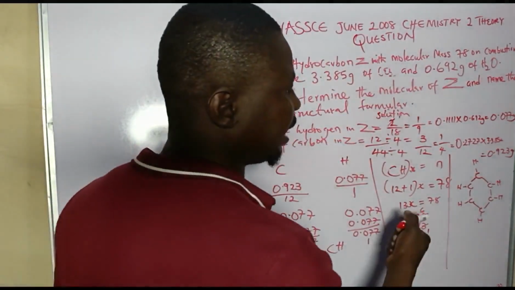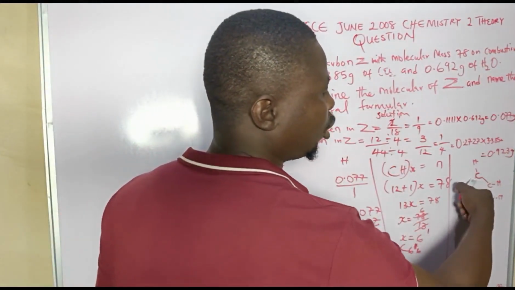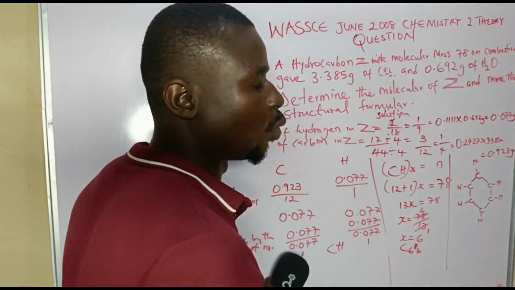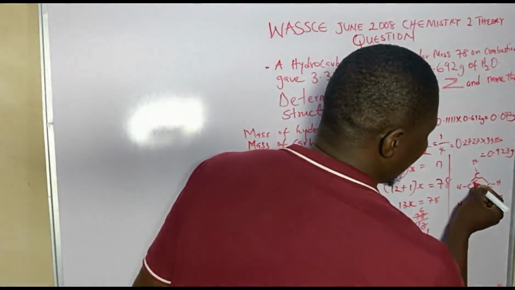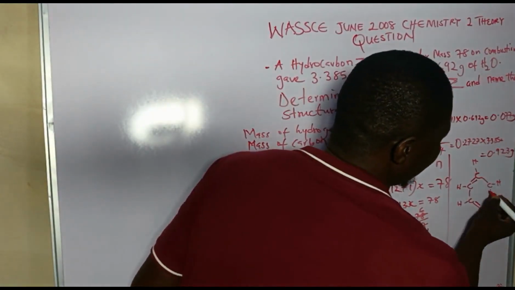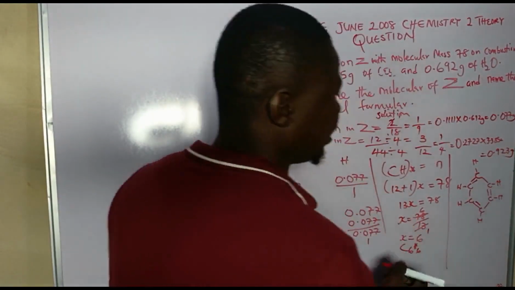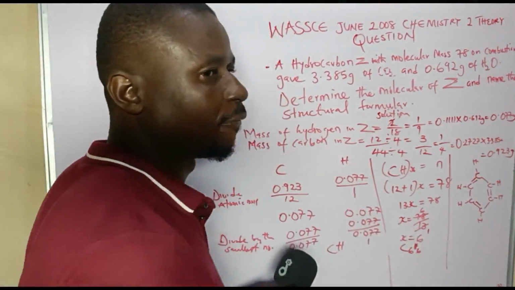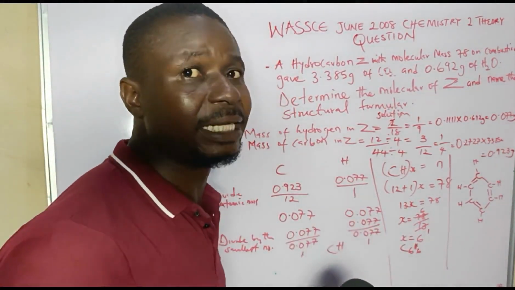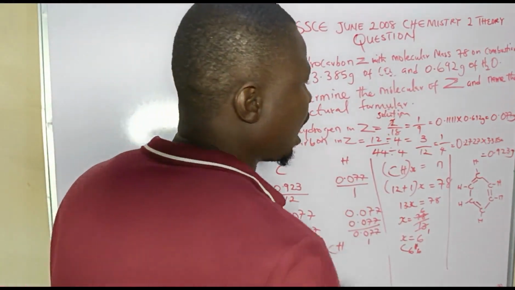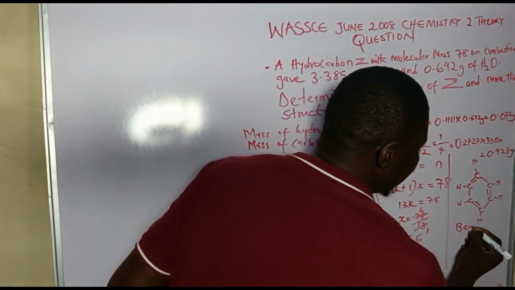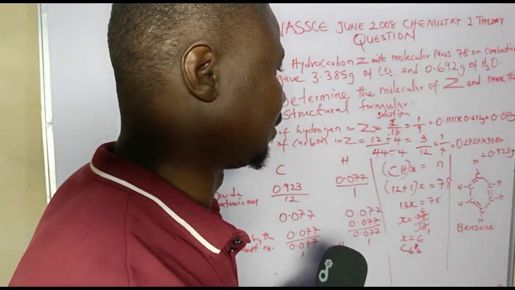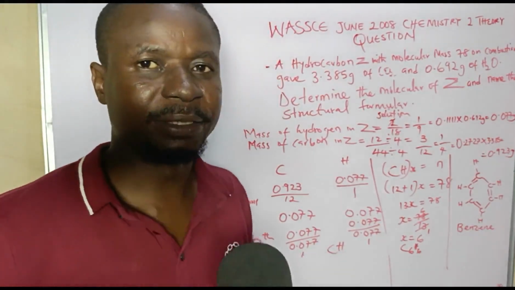If you look at it, you find out that it's not balanced. The number of bonds attached to this carbon is 3, it's supposed to be 4, so you make it 4. When you check all of them, the number of bonds attached to each carbon is now 4. That is because carbon is tetravalent, it must be 4. And if you want to name this compound, you find out that it is benzene, a special aromatic compound. Thanks.